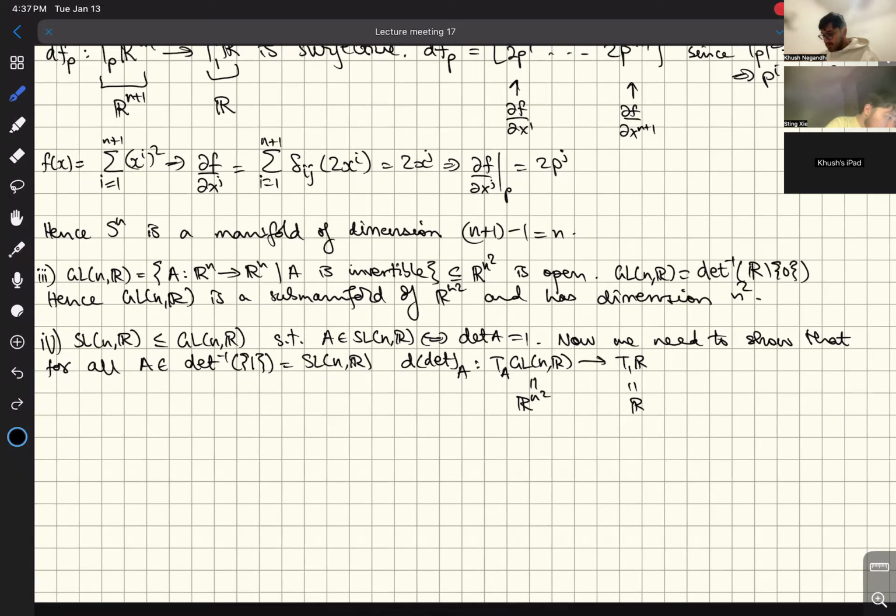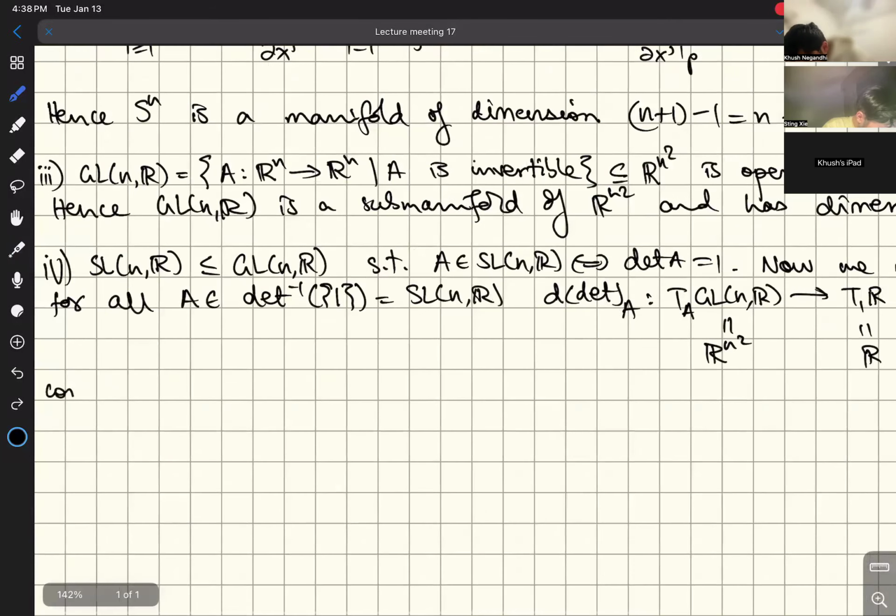The way we're going to do this is plug in a tangent vector and get a number. Since the tangent space is R^(n squared), we're going to look at the straight line that goes through the point A with velocity A. So consider gamma of t equals A plus tA.